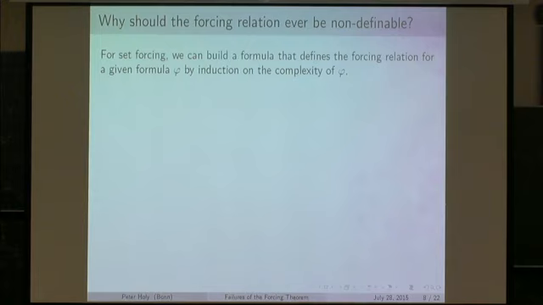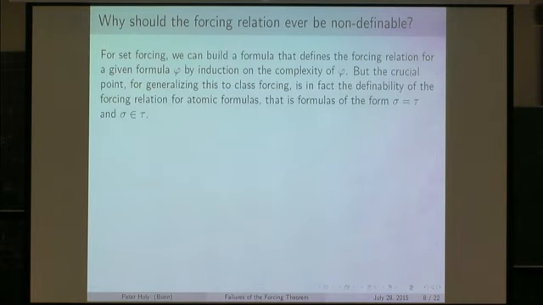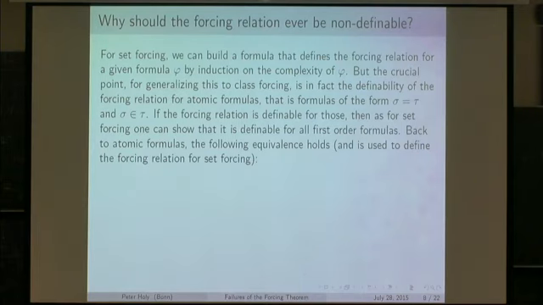So how does the proof of the definability of the forcing relation go for set forcing? We can build a formula that defines the forcing relation for a given formula phi by induction on the complexity of this formula. And the crucial point is the definability of the forcing relation for atomic formulas, that is equality and the element relation. If the forcing relation is definable for atomic formulas, then basically the same proof as in set forcing shows that it's definable for all first order formulas.